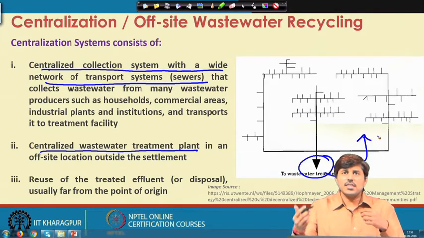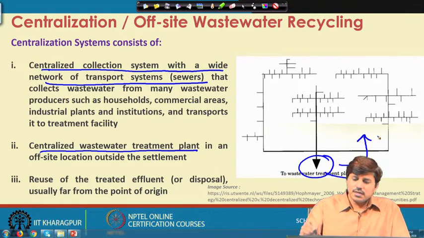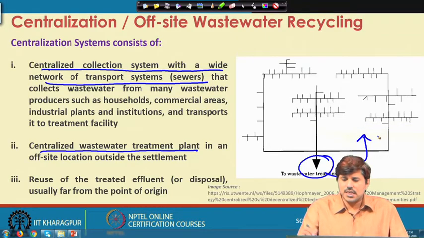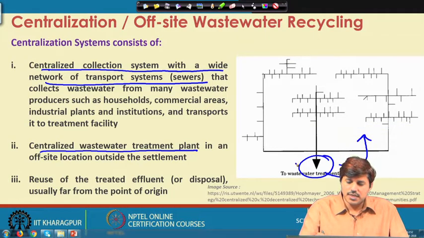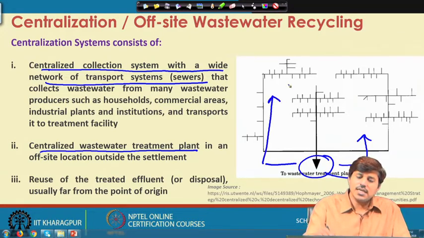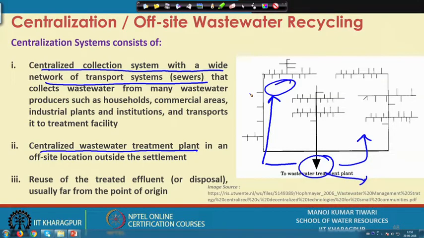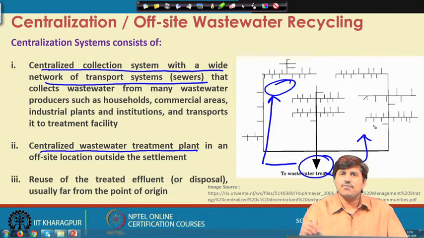In a centralized water recycling system, there would be another component, which we discussed in the last class also: there has to be a distribution system through which the treated water is taken to the area of application. If the area of application is such that it has to be redistributed for municipal uses, then we need a proper distribution system for that water.